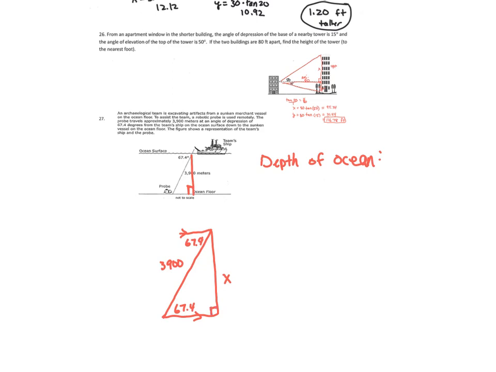So in our triangle, we could find x using sine, because we have the opposite and the hypotenuse. So sine of 67.4 equals x over 3,900. By cross multiplying, we'll get x equals 3,900 times sine of 67.4.